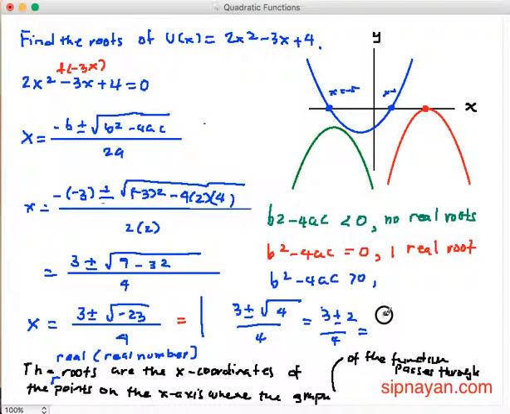So 3 plus 2 is 5 over 4. That's one root. Remember, there are two because of the plus or minus. So 3 plus 2 gives our first root, R1 equals 5 over 4. Our R2 is 3 minus 2, which is 1 over 4.